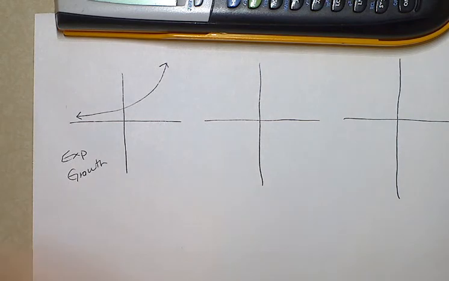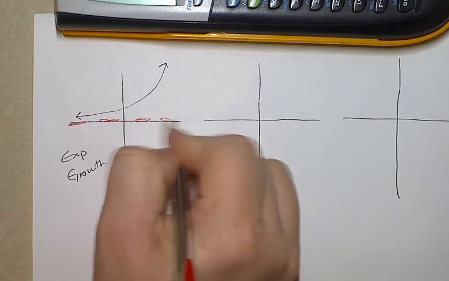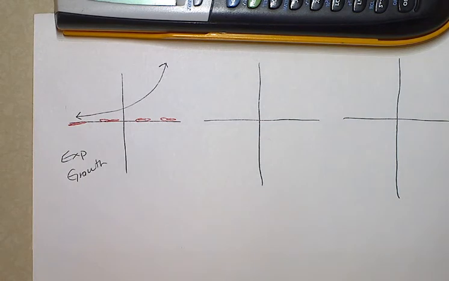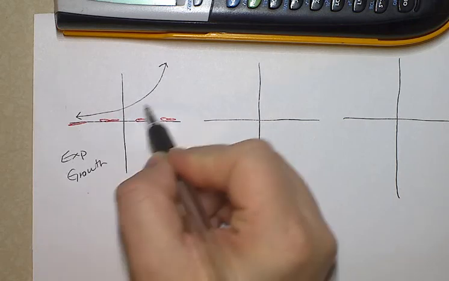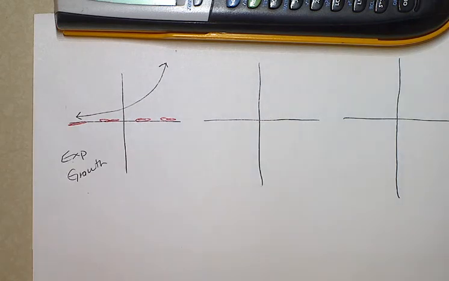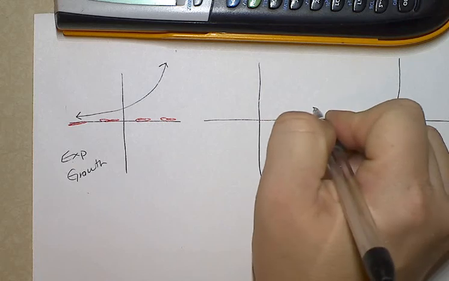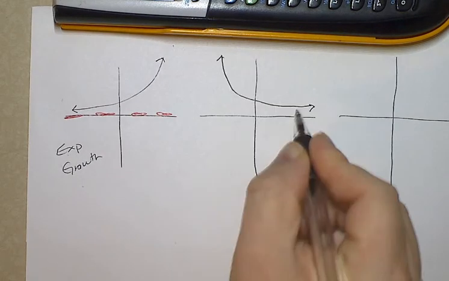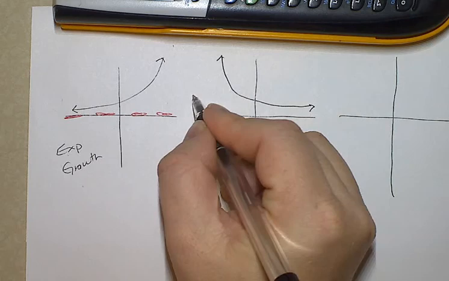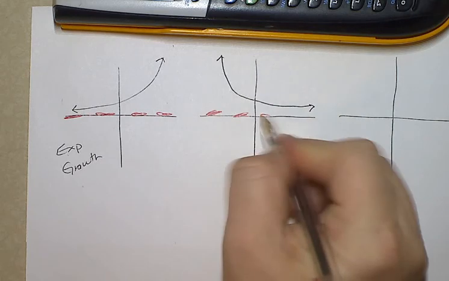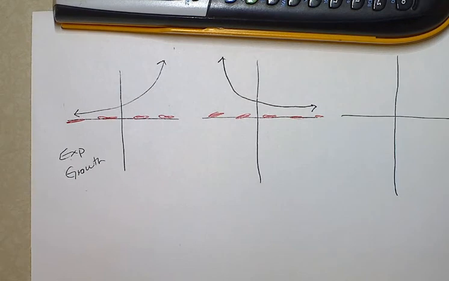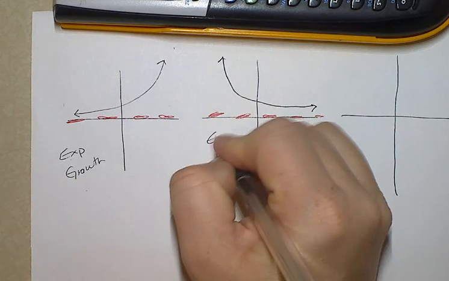Remember how this is the line, it's never going to cross this line, it's a horizontal asymptote? Okay? And exponential growth is going to rise as you go to the right. From left to right, it's going to rise up. Decay is very similar, but now from right to left, it's going to rise up. And again, as long as we haven't shifted or translated this function, this will be our horizontal asymptote on the x-axis. Those are two specific examples of exponential functions.